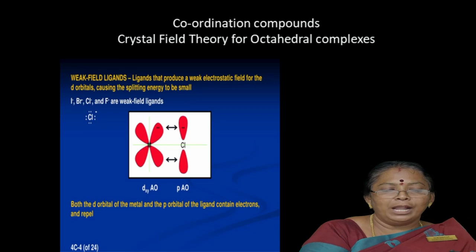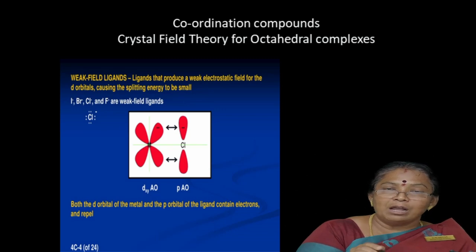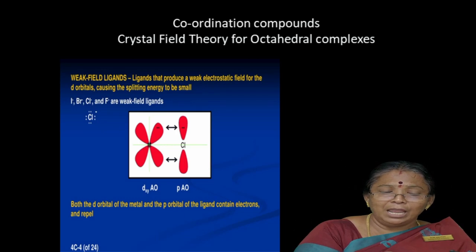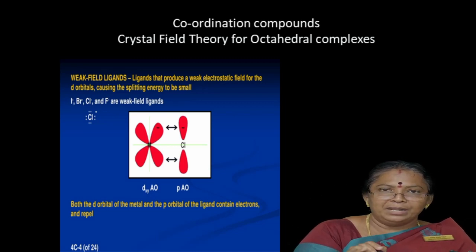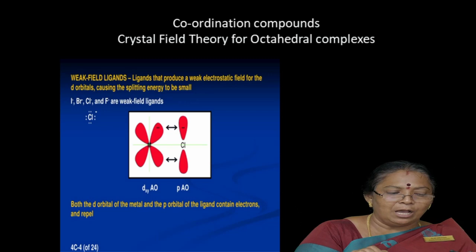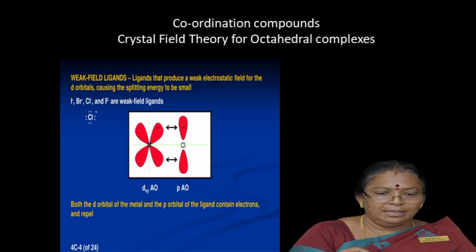Here iodide, chloride, fluoride, bromide, these all are weak field ligands. When these ligands approach the metal ion, the energy gap between the T2G and Eg orbitals is less.